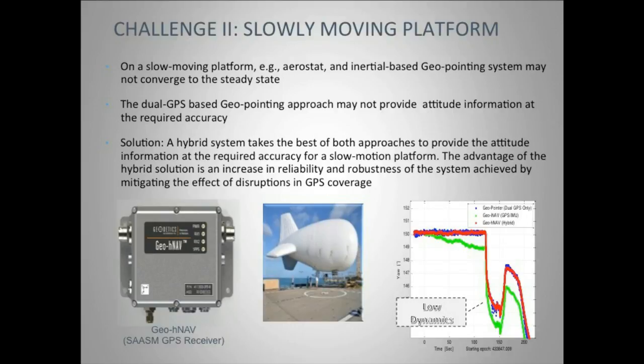So the plot that I show here, I've got red, green, and blue plots. The blue plot is the GPS dual antenna approach. And what you see there is you get an instantaneous convergence. In other words, there's no need for a filter to converge. You're actually doing direct measurements. And so you get a very accurate heading immediately after turning the system on.